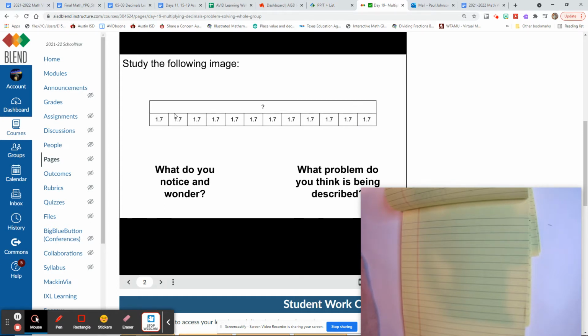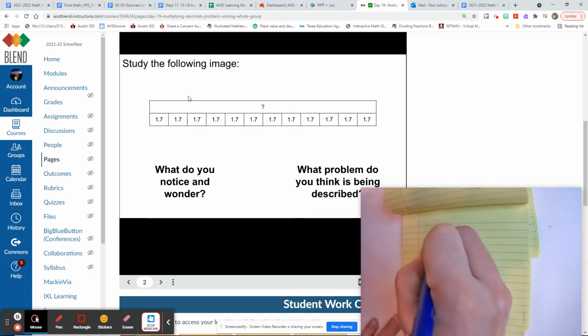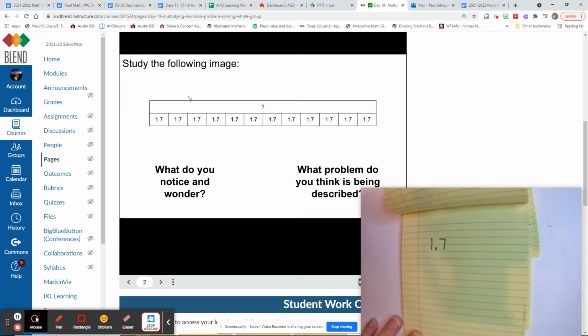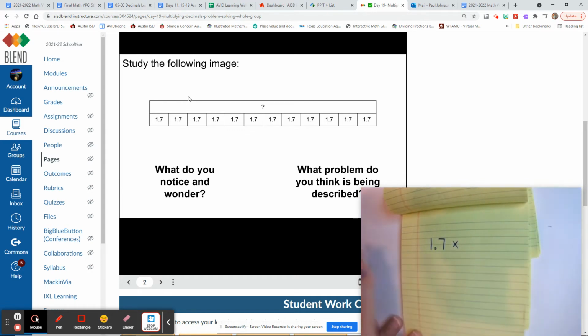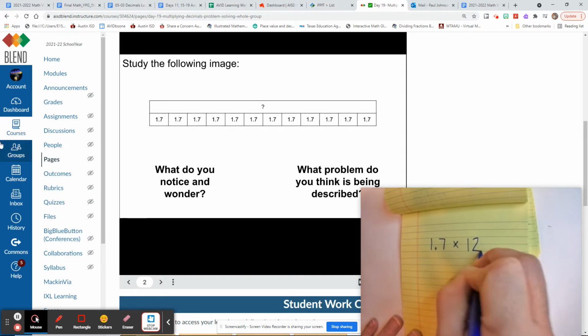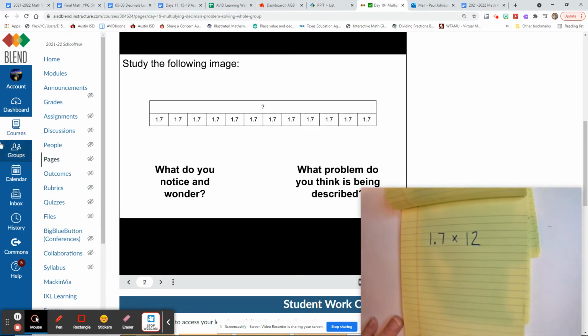It looks like in each piece there's 1 7/10. So if I'm organizing my information, I have 1 7/10, and then I have that how many times? Let's count that in pieces again. 1, 2, 3, 4, 5, 6, 7, 8, 9, 10, 11, 12. I'm looking at 1 7/10 12 times.